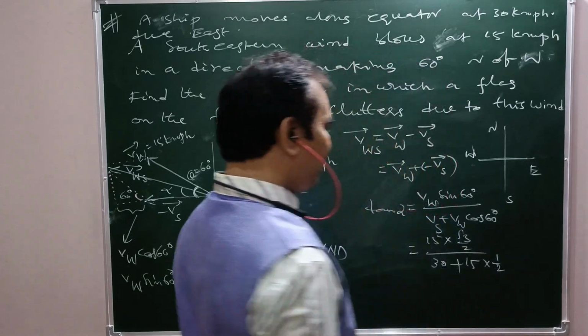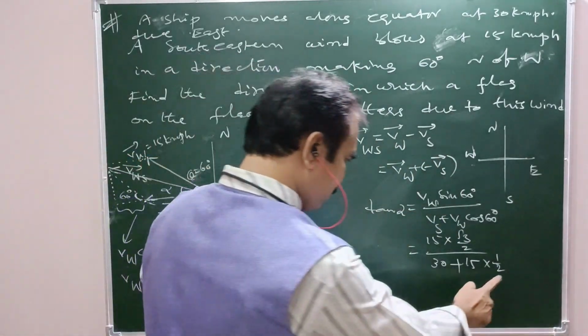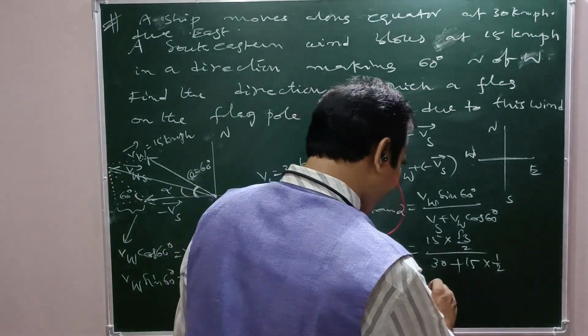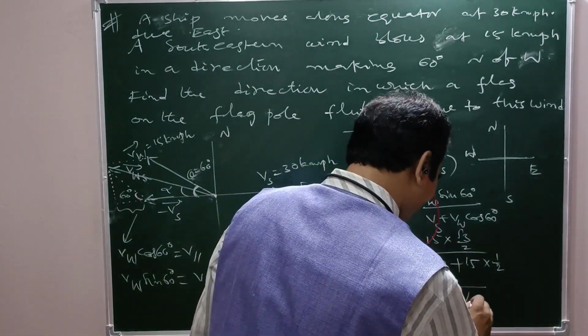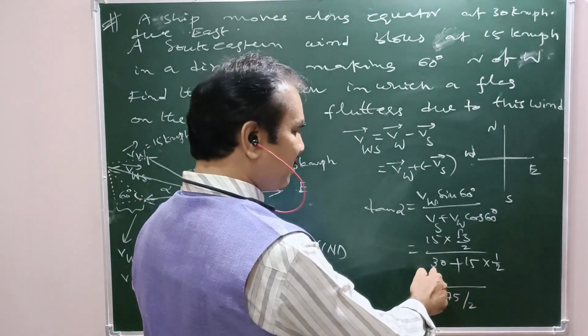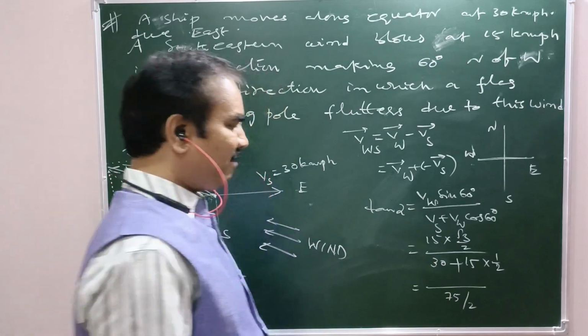That is 2 into 30, 60, plus 15, 75, so 75 by 2. Take LCM here, 2 into 30, 60 plus 15, 75 by 2.